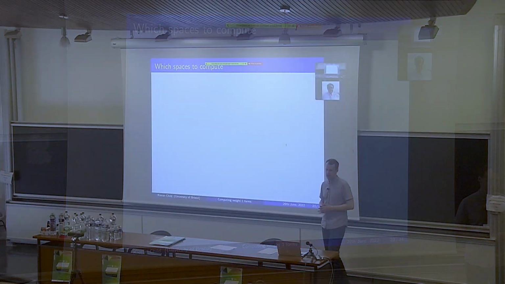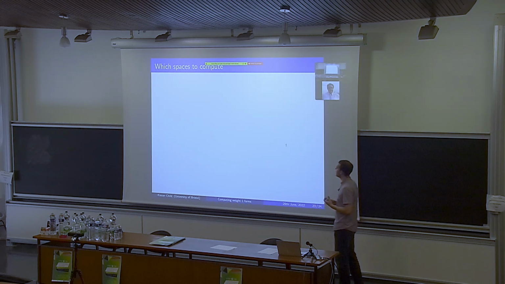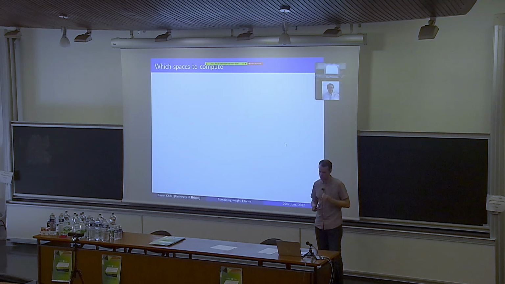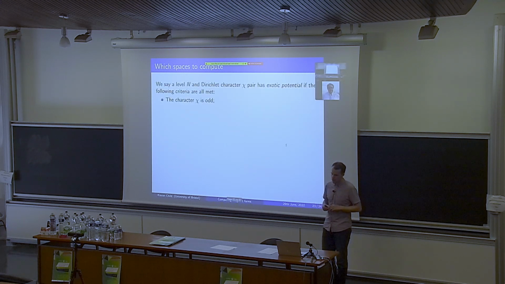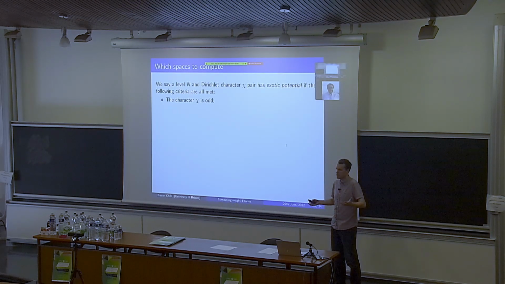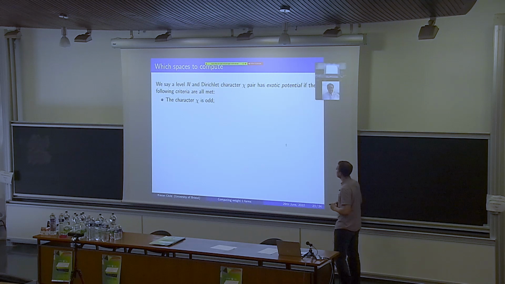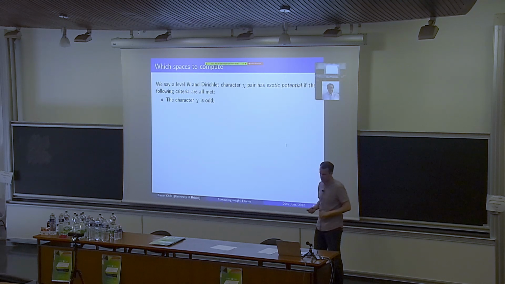One last thing that I'm going to mention is which spaces do we even need to compute? So we have all of the dihedral subspaces, but many spaces can't possibly produce exotic forms for various reasons. A character, firstly, we only need twist minimal characters because everything else we can twist to.